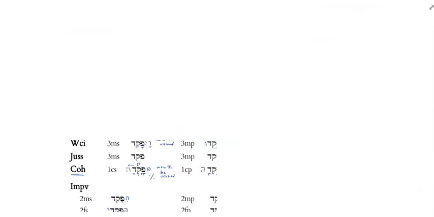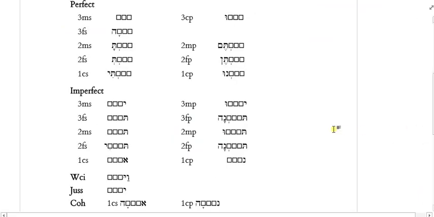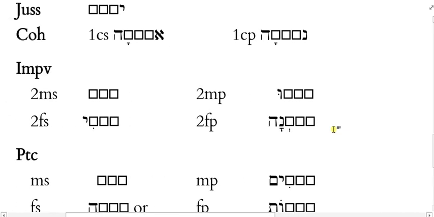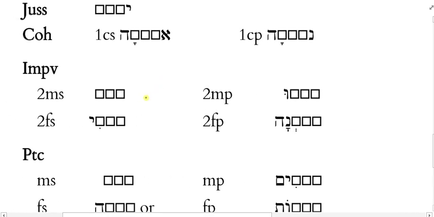Remember that? It's a hireq yod. Go back to your boxes here. You see how the imperative, the front end is always the same. There's no imperfect prefix. If there is a stem prefix, like the Niphal has a hey, then you'll see the hey there. But the endings are these in the imperative, either nothing, e, u, or na.